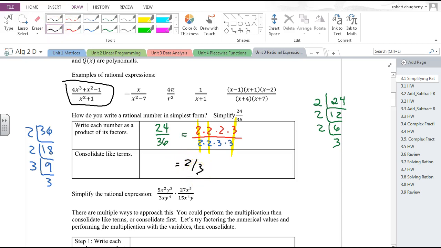So this answer is 2/3. Now you may have learned, oh, the 2 over 2 cancels. Technically, they do cancel. But mathematically, it's more precise to say 2 divided by 2 evaluates to 1. What I'm trying to avoid is situations where people do something like x plus 1 over x plus 2.